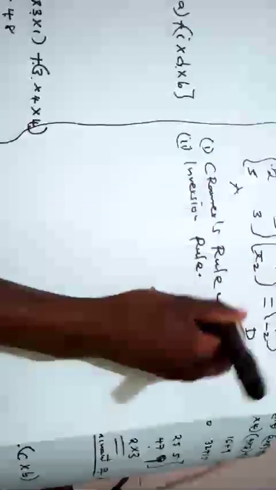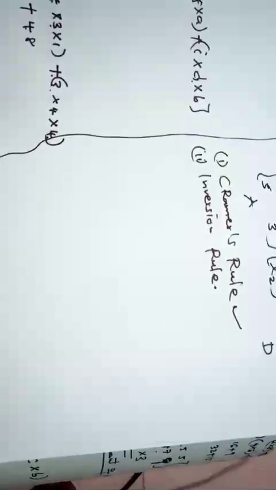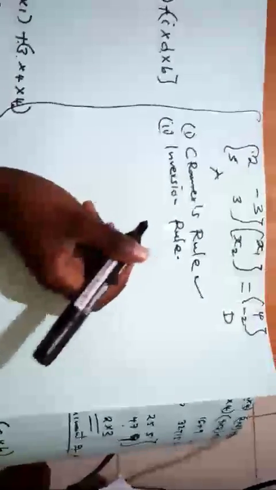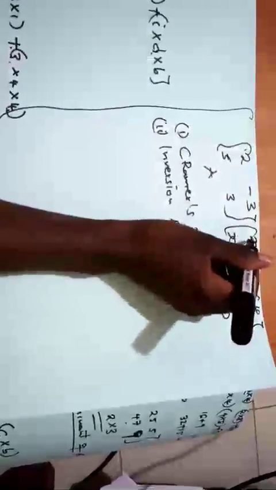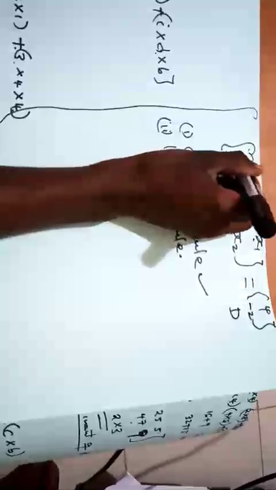However, we can solve it for 2 by 2. Let us solve using the Cramer rule. Then for the 3 by 3 matrix, I solve using the inversion rule. So for the Cramer rule, what we normally do, you want to solve for x1. So when you solve for x1, you realize that these were the coefficients of x1.